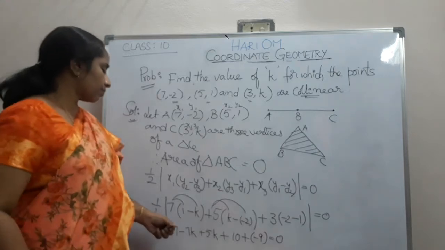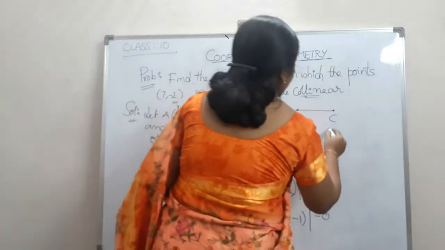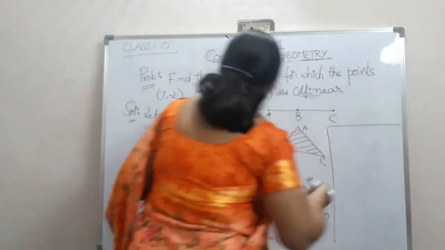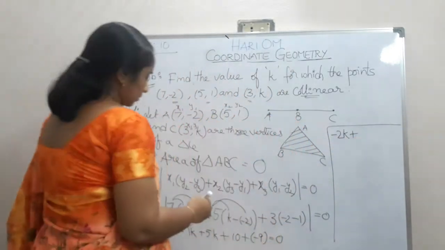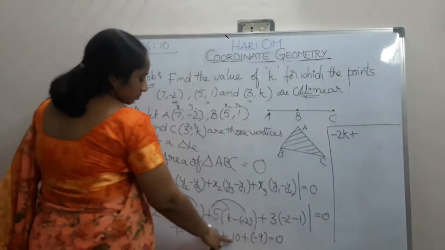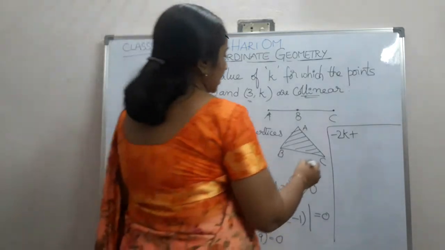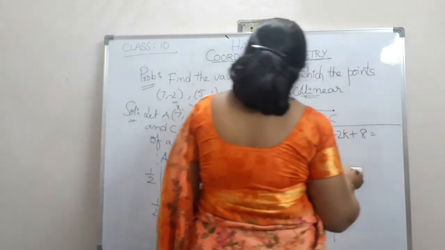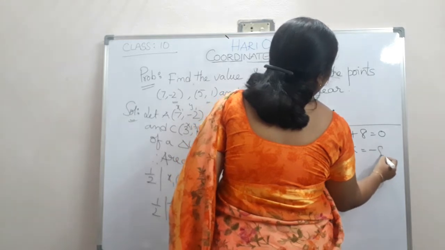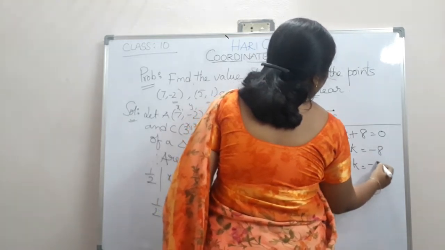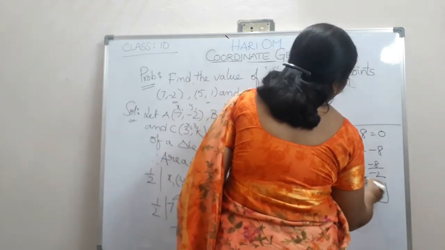Now -7k plus 5k is -2k, plus 7 plus 10 is 17, minus 9 is 8, is equal to 0. -2k is equal to -8, k is equal to -8 by -2. k is equal to 4.